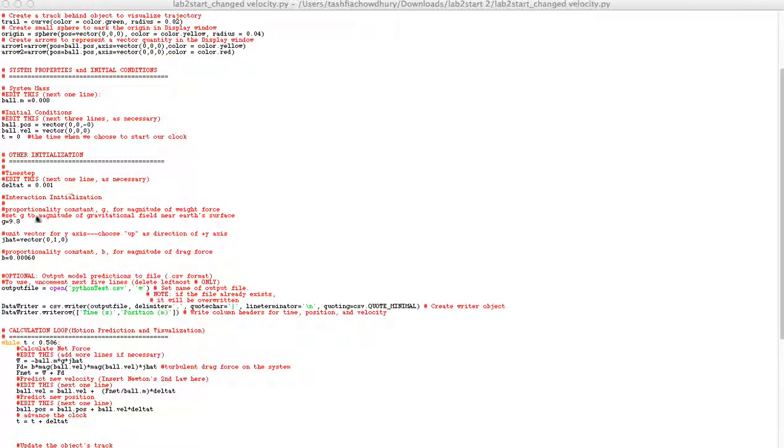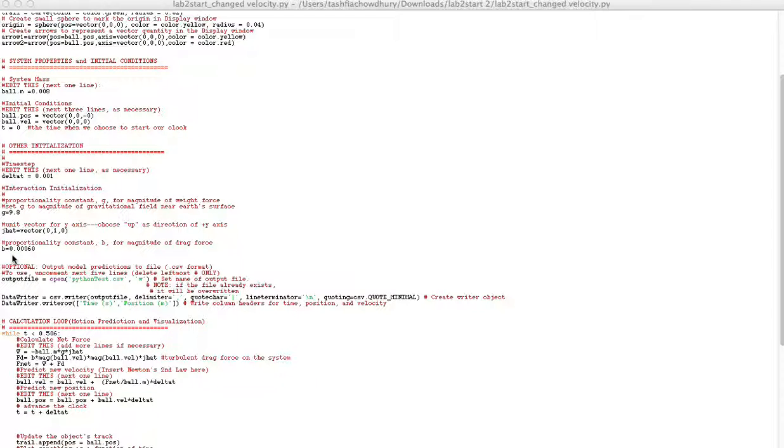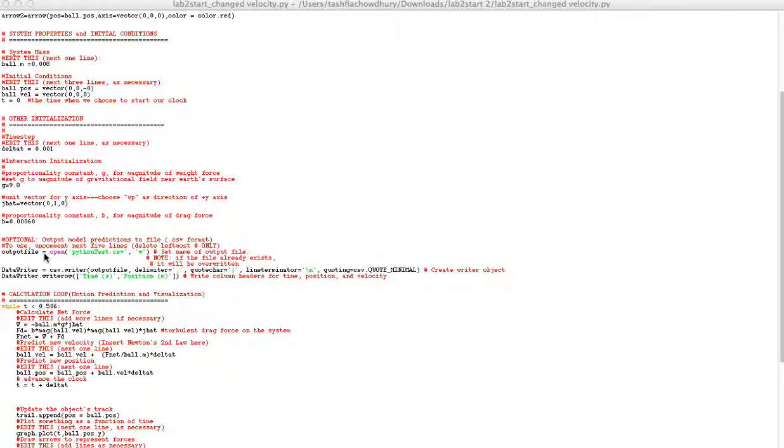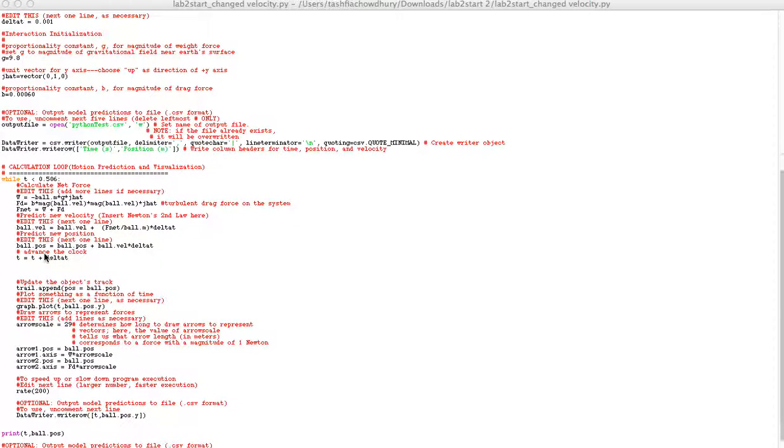So here, the drag coefficient is 0.006. However, for the gravity model, the drag coefficient was considered to be 0. That's the main difference between the two, and of course there's no drag force formula present in that model. For this model, the F net is equal to weight force plus drag force, and here's a run of this model.